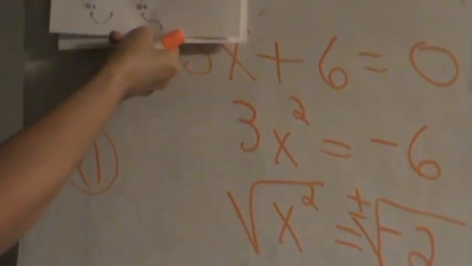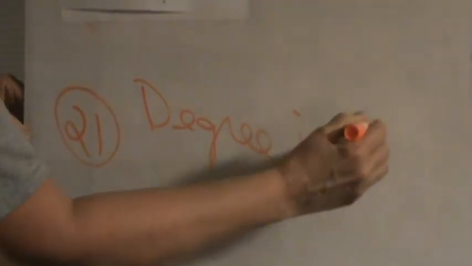And then our last one, number 21, again asks you which one of these sketches of graphs describes the end behavior. Its degree is 6.